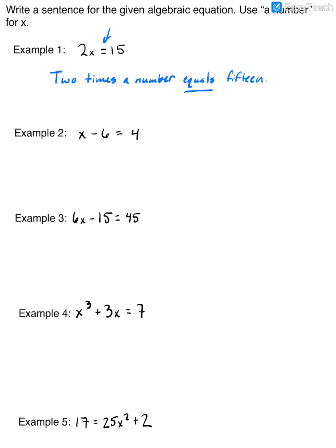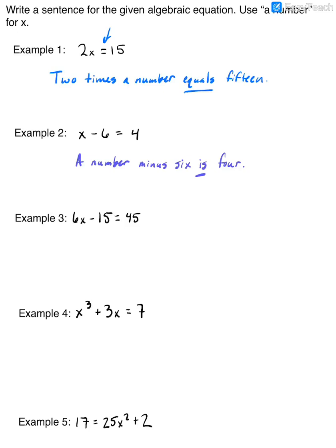So if something is something else, that means they are the same. For example, if I have x minus 6 equals 4, then a number minus 6 is 4. So the word is sets that up for us and makes the equal sign happen.